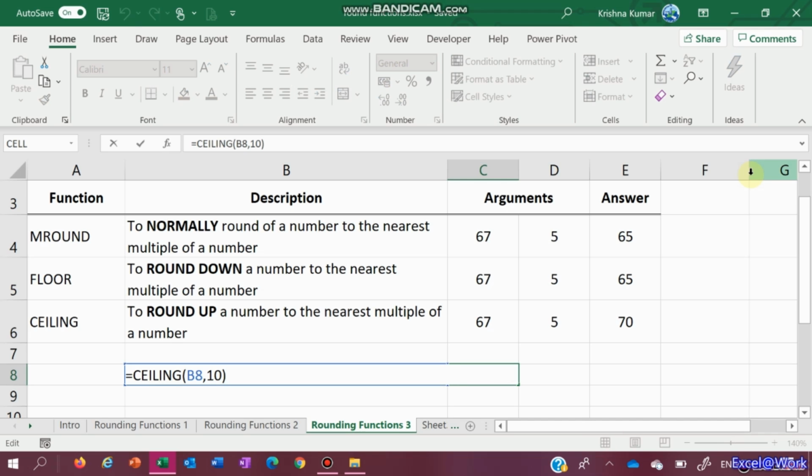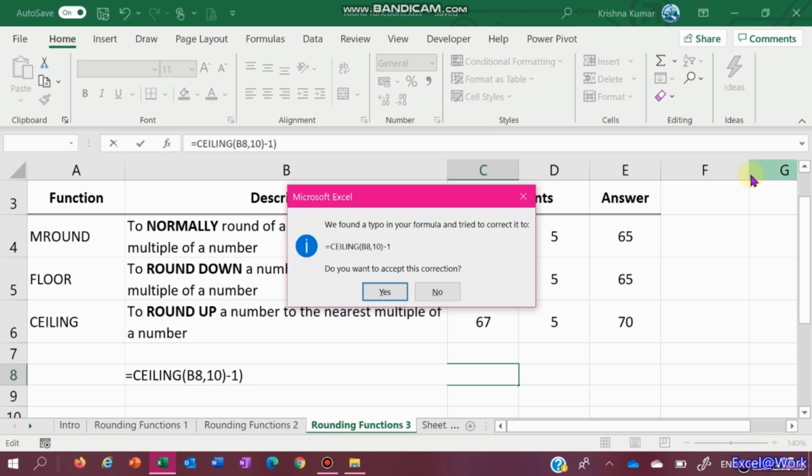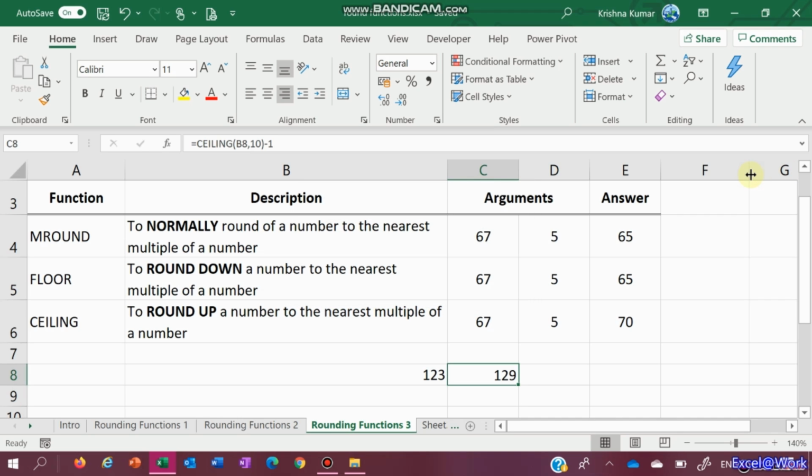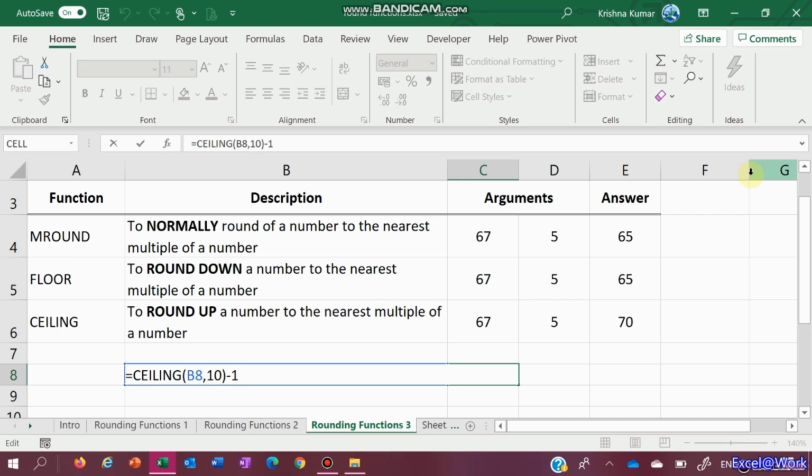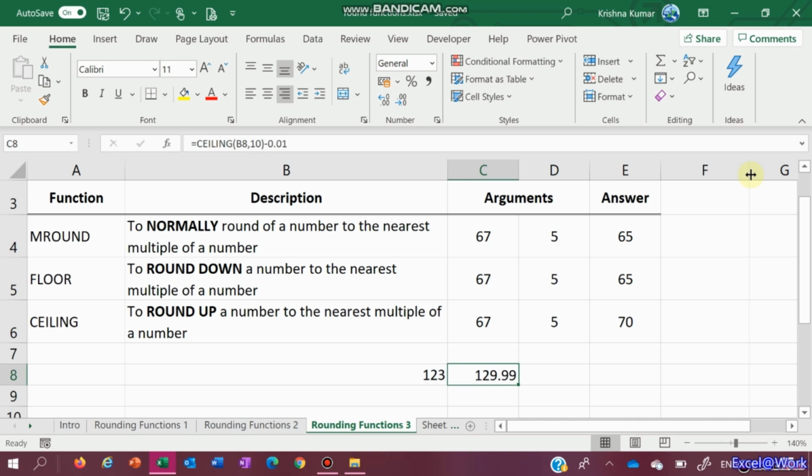From this you subtract 1 to make it nearest 1 rupee, so you get 129. You want to make it even further, you subtract 0.01 to get your 99 rates. Those $99 stores, 99 cents, the rate always ends in 0.99. This is the way to do it, so that it looks like your required Bata rate.